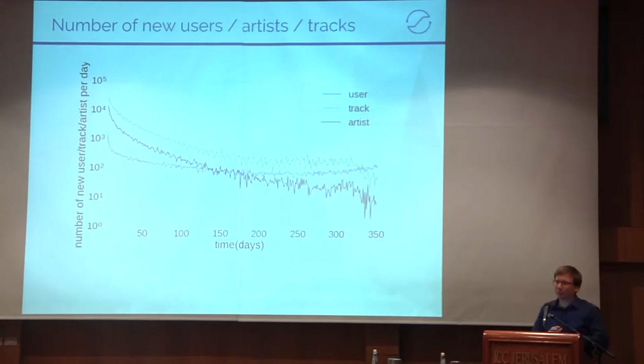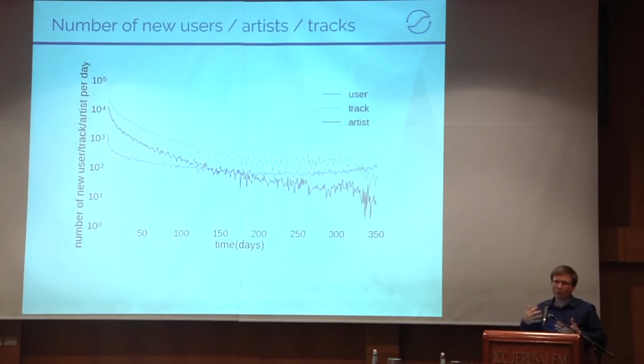And before the experiments, some more information on this data set. In this figure, I have shown for you the number of new users, tracks, and artists per day in this data. But you can observe that the y-axis is on log scale. You can observe that the number of new incoming artists disappears over time.